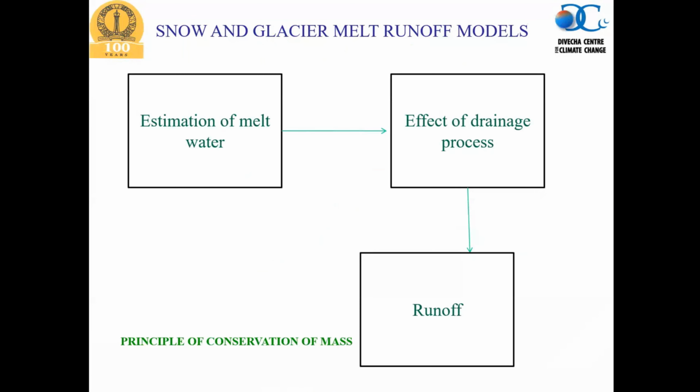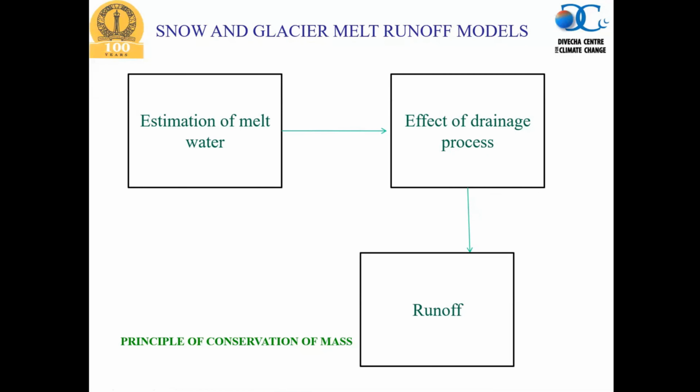Generally, snow and glacier runoff models will have two aspects. One aspect is the estimation of meltwater. That means for a given temperature, precipitation and various other parameters, what melt can it produce. Then different drainage processes take over.